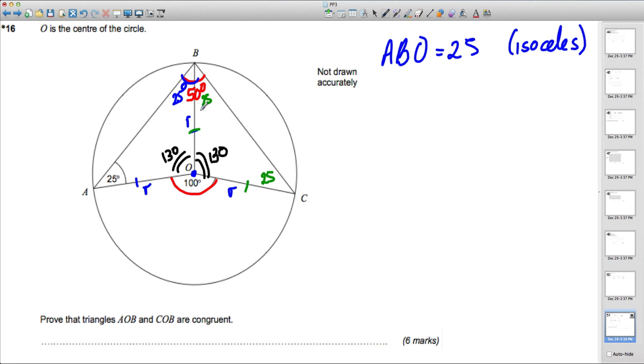And therefore this angle here, AOB, must be 130 degrees, because it's 180, take away 25, take away 25. So basically I'm showing how I got those two angles there.